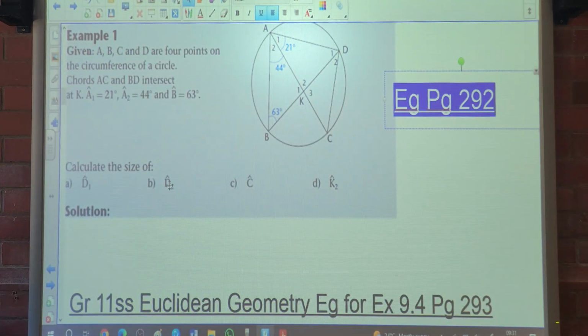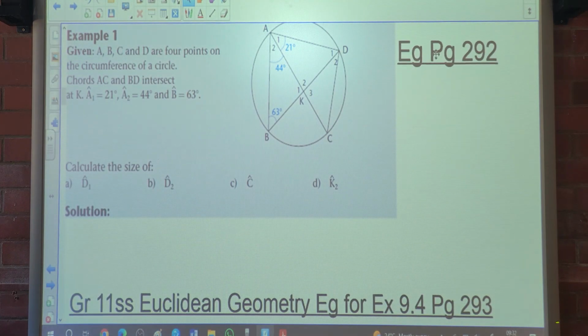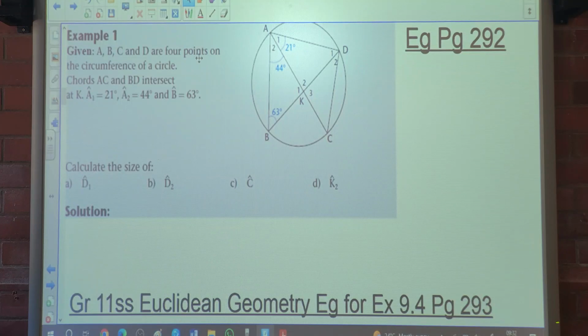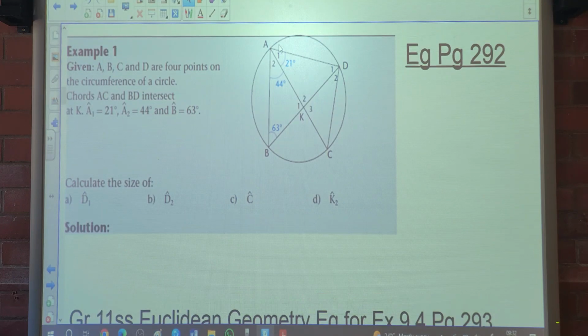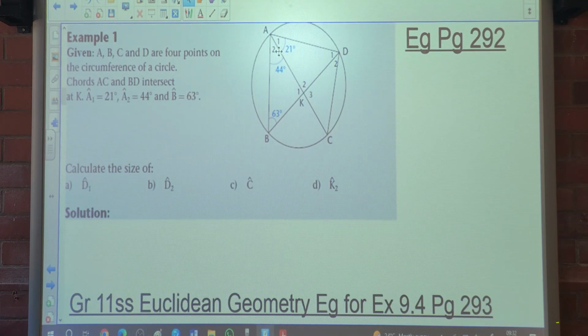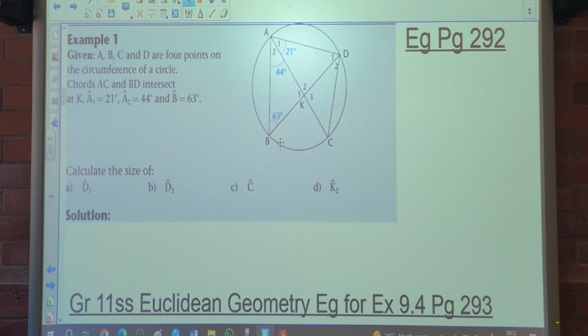So here we are told that A, B, C, and D are 4 points on the circumference of the circle.